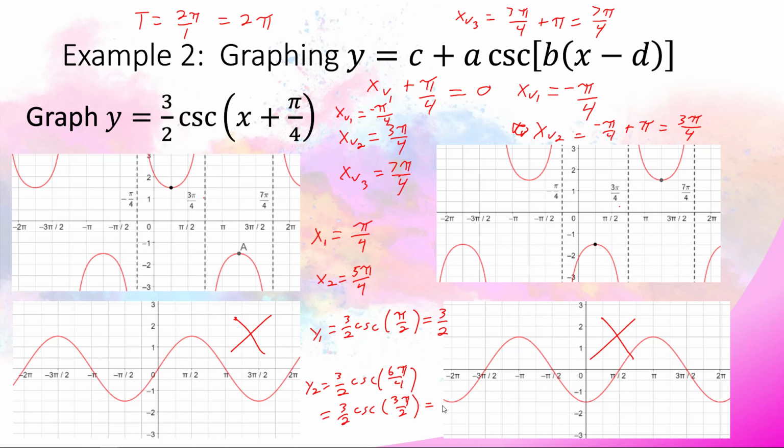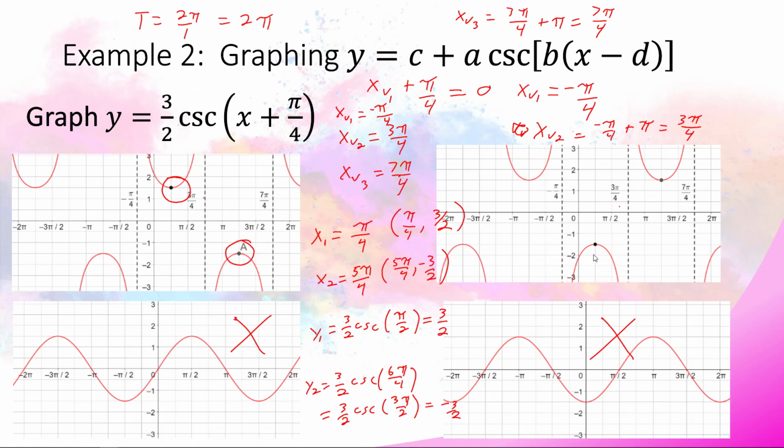Multiply that by 3/2, you have -3/2. So we have 2 points here. The first point is for x1, pi over 4, comma 3/2, which by the way is this point right here. And then the other one is 5 pi over 4, -3/2, which is this point right here marked with an A, which was basically a mistake.